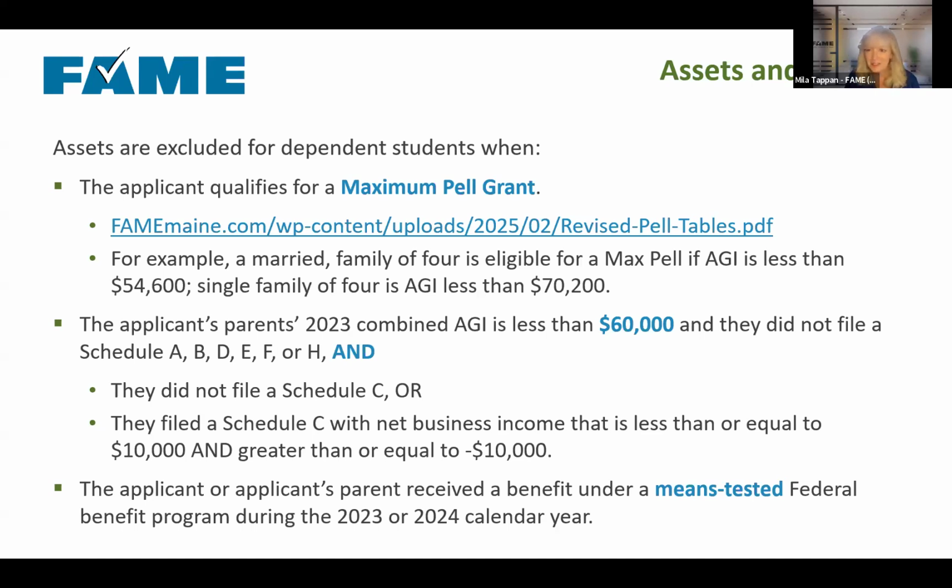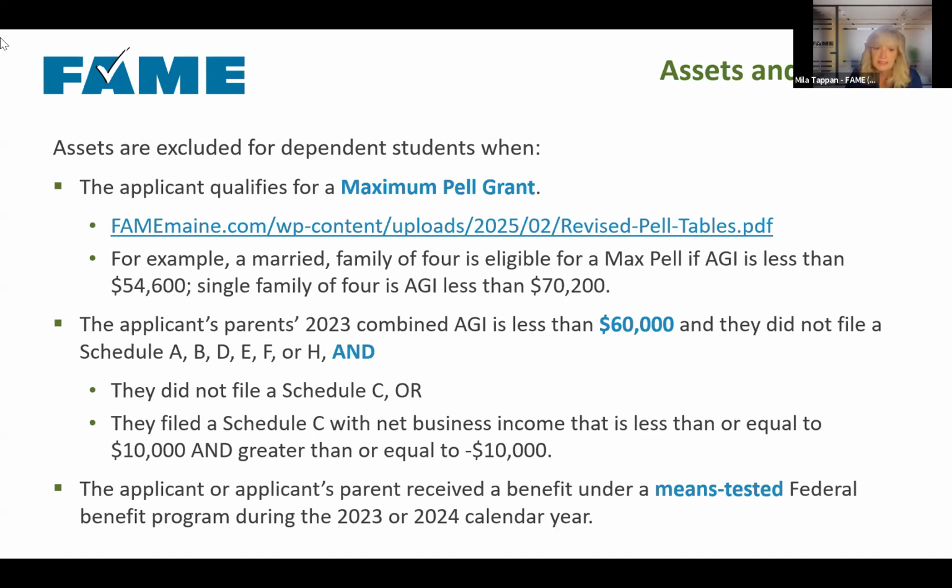One of the things I appreciate that Michelle has done for us is she has gone in and updated those tables for us. So if you go to the educators page, you will see the information where you can look this up. For example, if there's a family that's a married couple, dependent student, family of four, let's just say that they have an AGI of less than $54,600, they are eligible for a maximum Pell Grant.